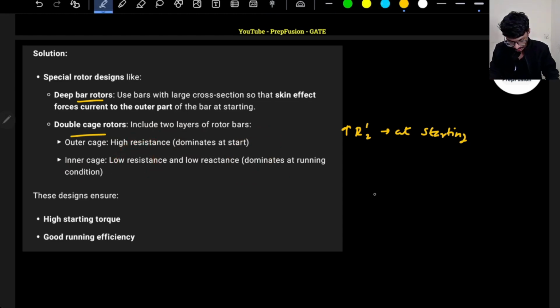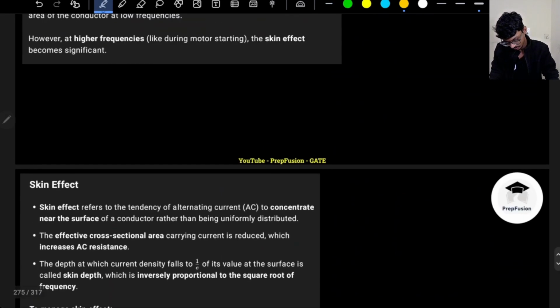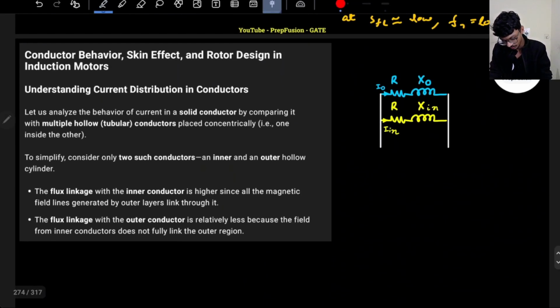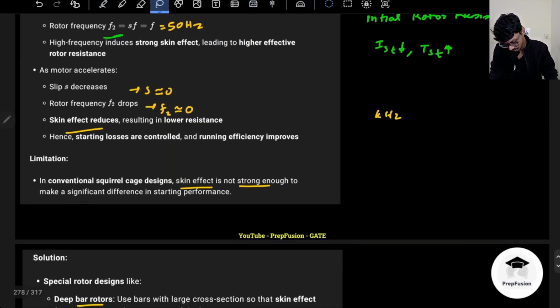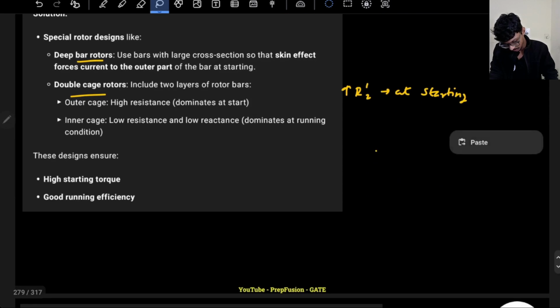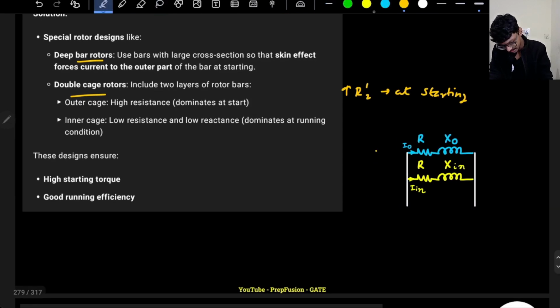Basically, I told you I have drawn this equivalent circuit, and this is what we want to mimic. I will have an inner resistance and an outer resistance.